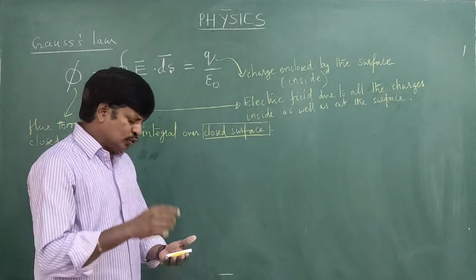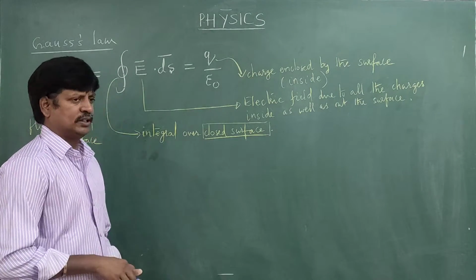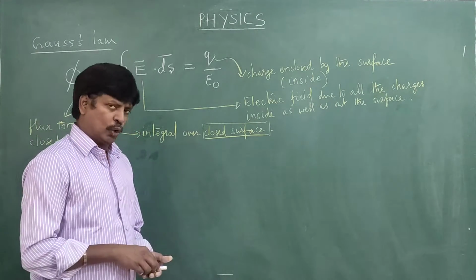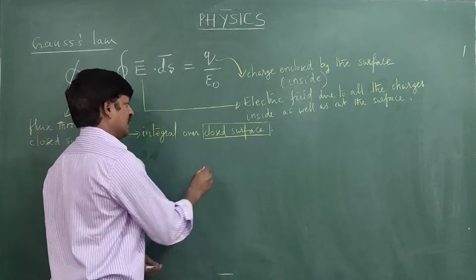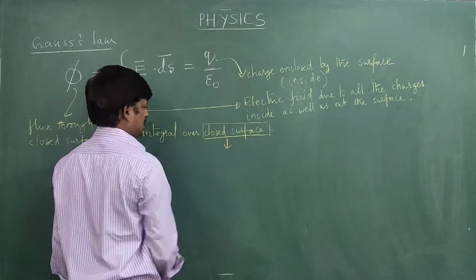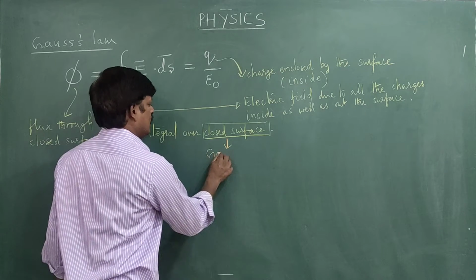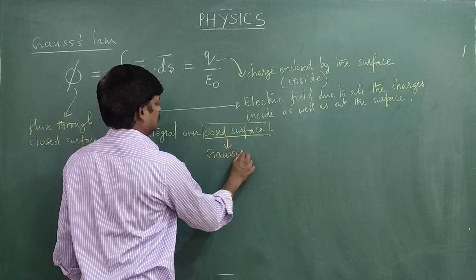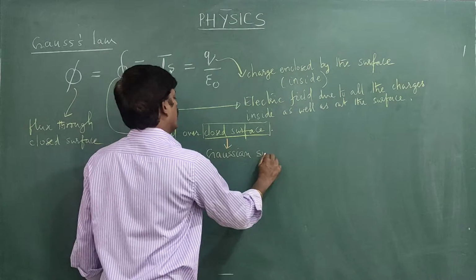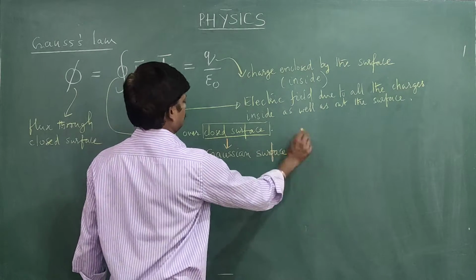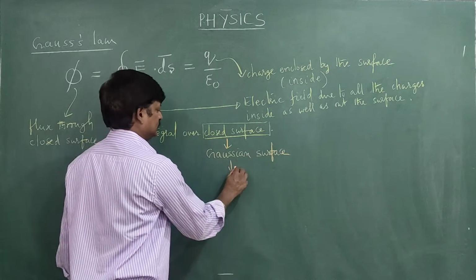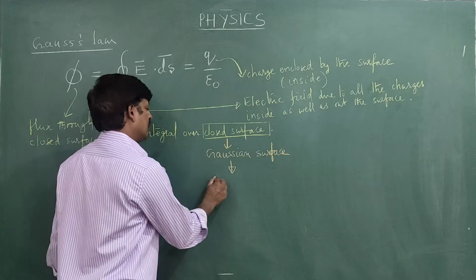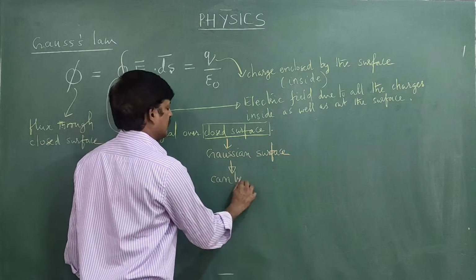If you want to apply Gauss law, we need a closed surface, and that surface is called a Gaussian surface. What do you call that surface? Gaussian surface. And the Gaussian surface can be imaginary.